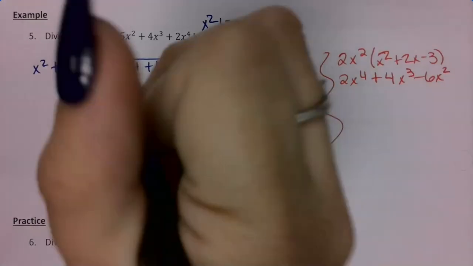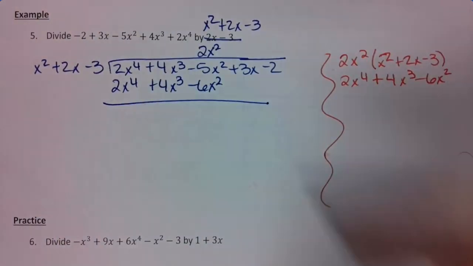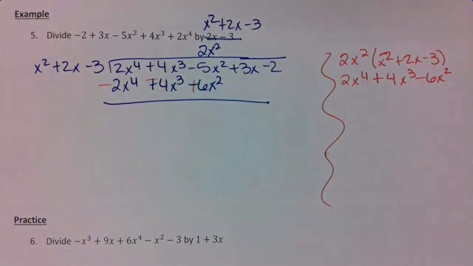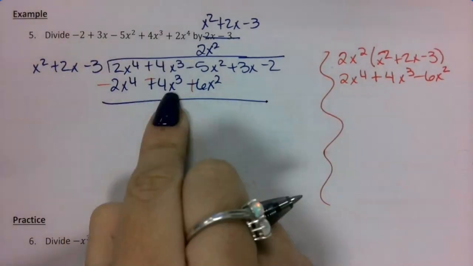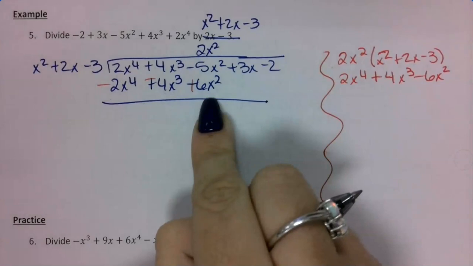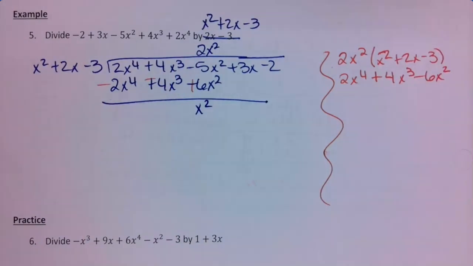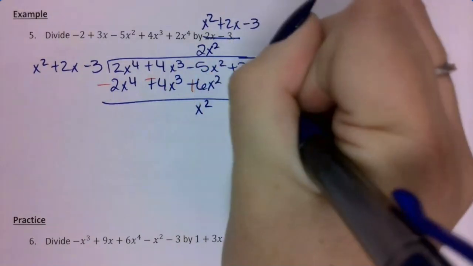And then I want to go ahead and change all my signs on that. Okay. The first term cancels out. The second term cancels out. What's 5x squared plus 6x squared? 3x minus 2 just goes straight down.